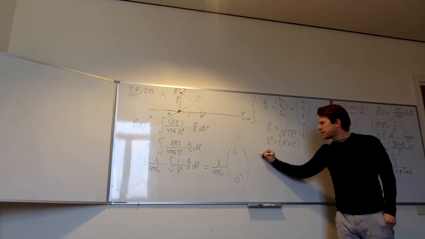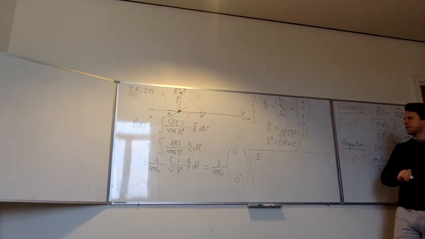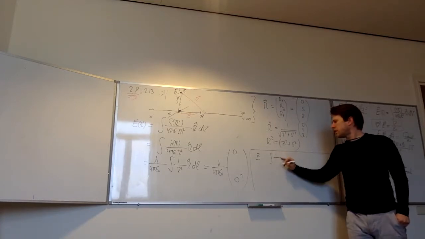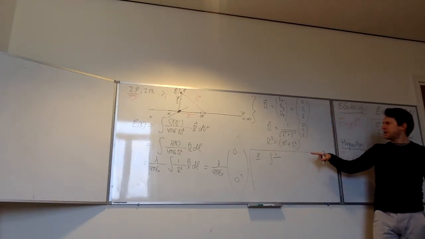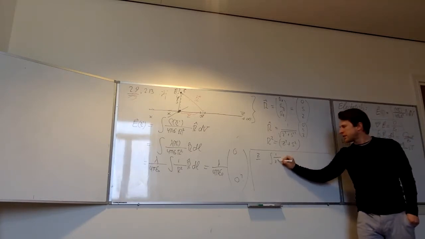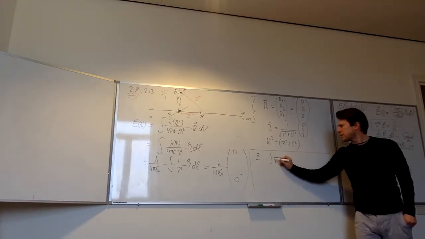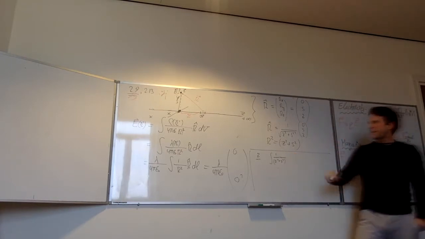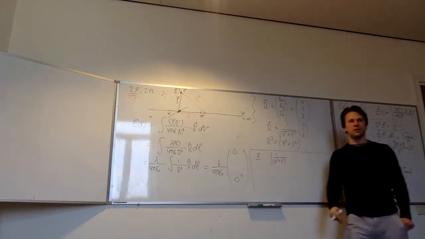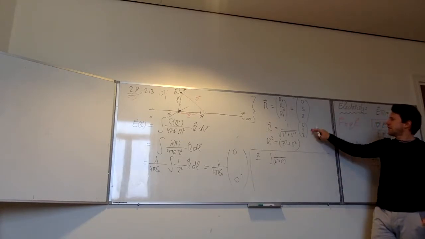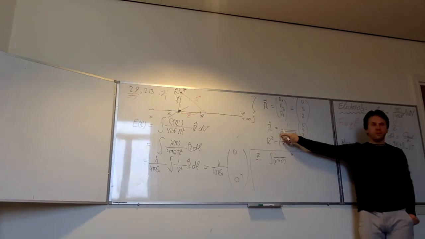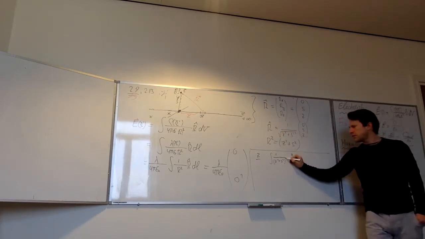Let's do the z. 1 over r squared, and r squared was z squared plus s squared. And then we take the z component of r, this one, so that's z, but careful now, this of course comes with, so it gives you 3 over 2.